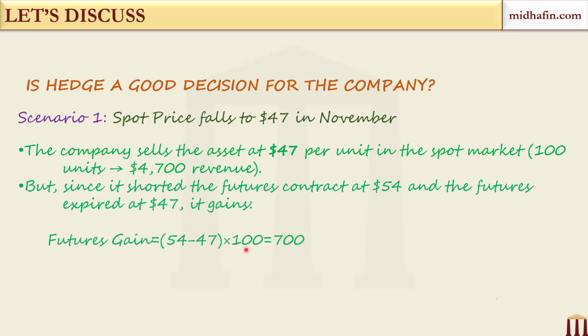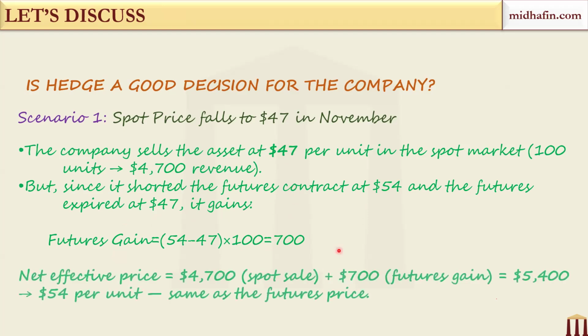There is no problem there. But the huge loss comes from the fact that the farmer will not be able to sell the crop at 47. So instead of the total revenue of 5400, the total revenue of the farmer will reduce to only 700. Rambabu, clear?